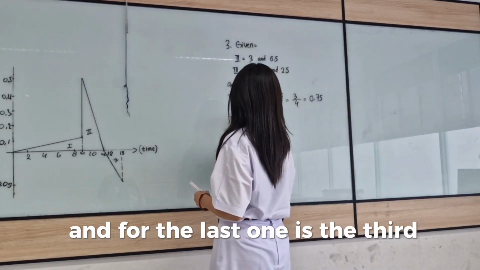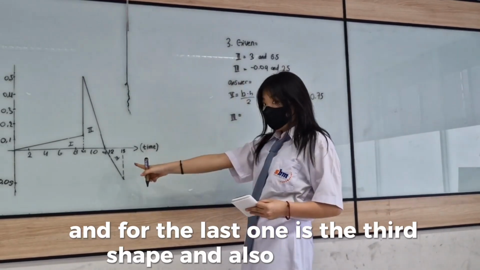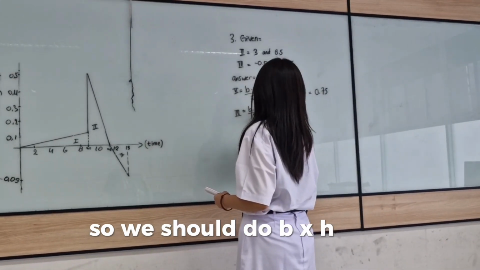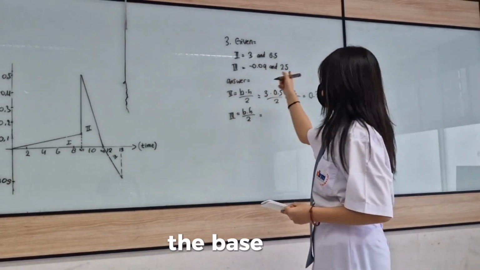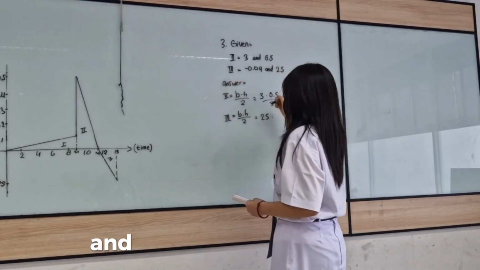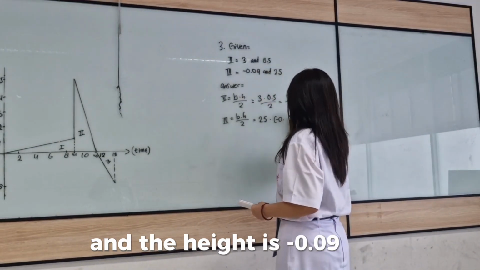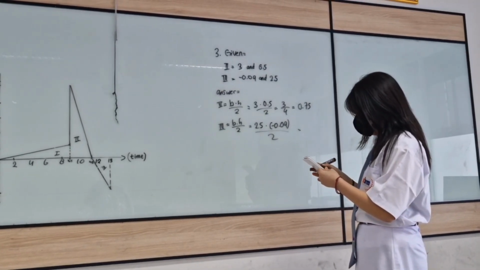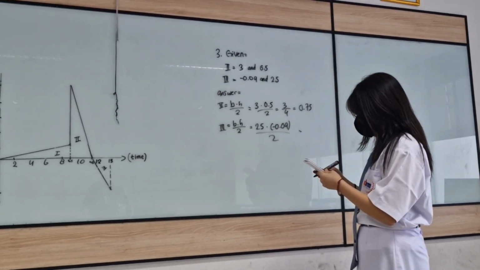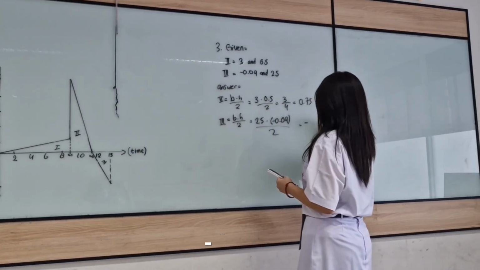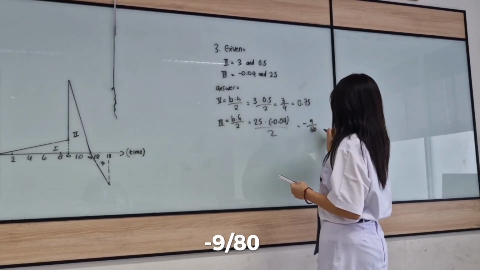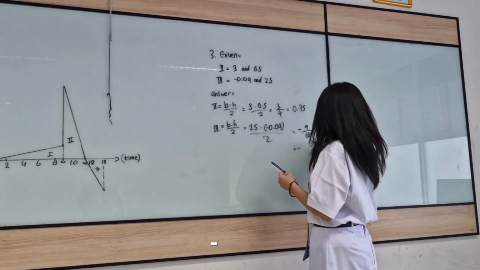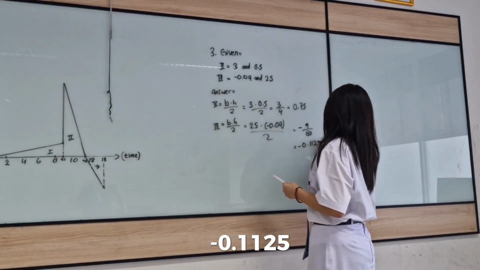And the last one is the third shape, also a triangle, so we should do base times height divided by 2, where the base is 2.5 and the height is negative 0.09, divided by 2, which is negative 9 per 80 or negative 0.1125.